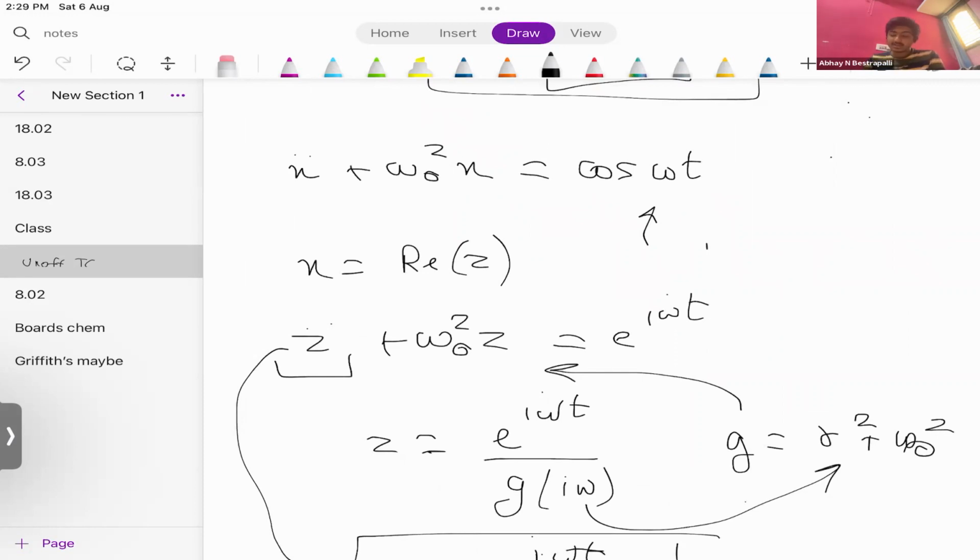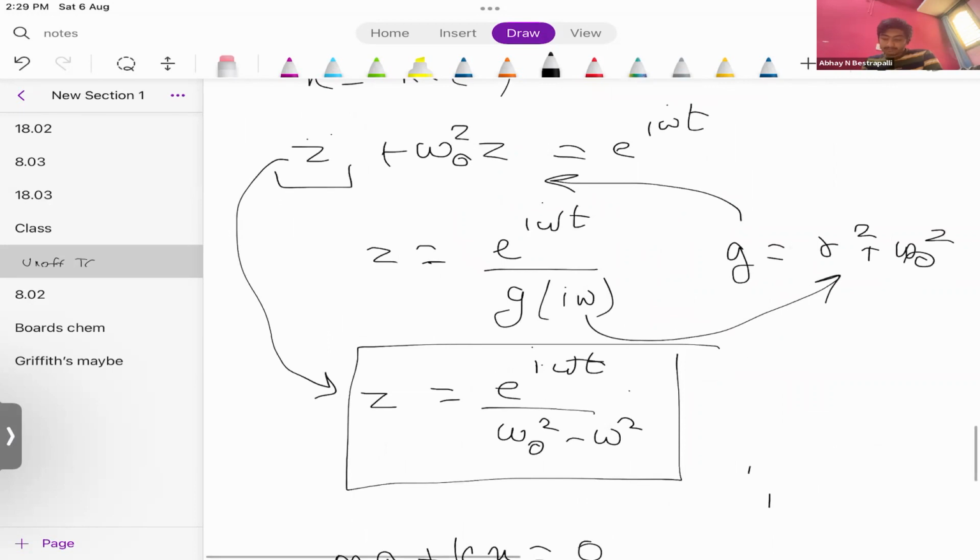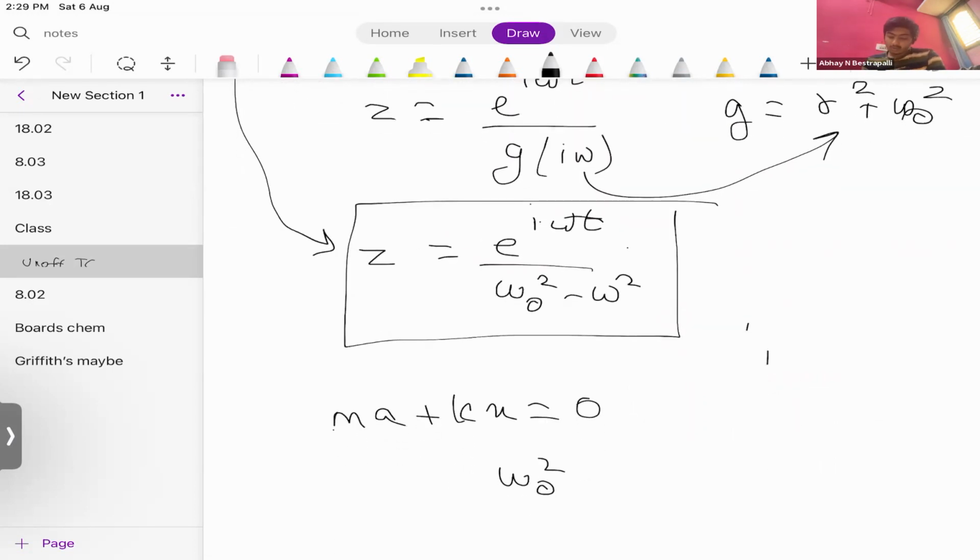So omega naught is basically the root of k by m, because we're dividing by m. We're comparing with the equation I wrote above.